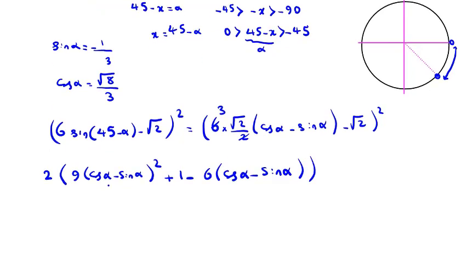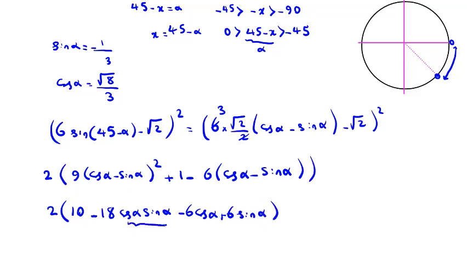And then we say, okay, it will be what? It will be 9 times (cos squared plus sine squared), which is 9 plus 1, 10. And then negative 2 times 9, 18 cos alpha sine alpha. And here you write minus 6 cos alpha plus 6 sine alpha. Cos alpha times sine alpha will be negative root 8 over 9.